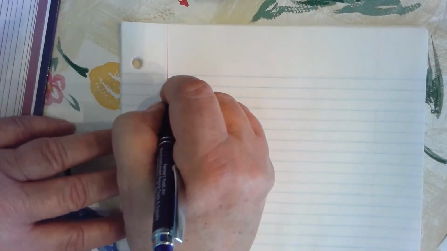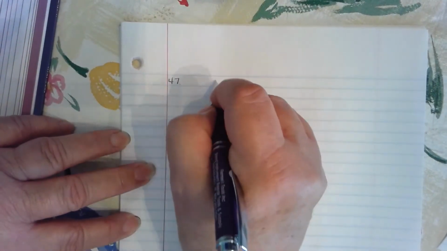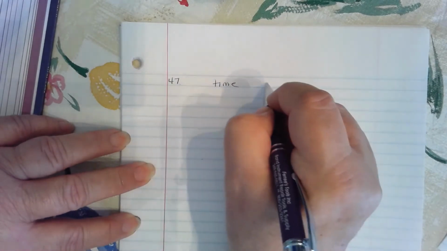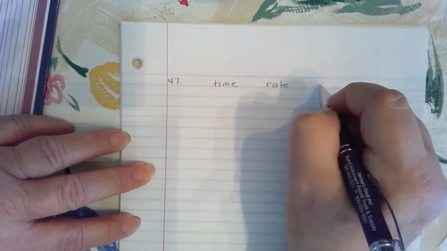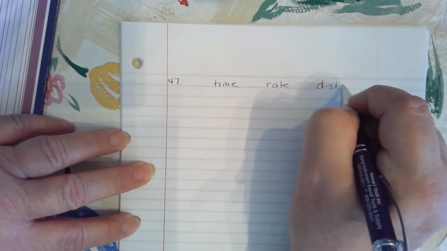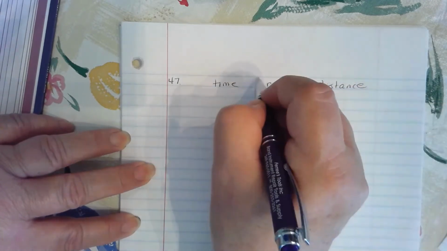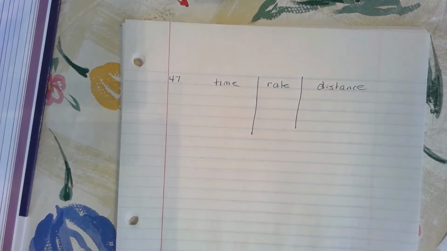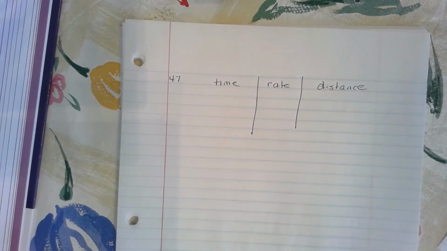All right, our next problem is going to be number 47. In problem number 47, we've got two guys running around a track.